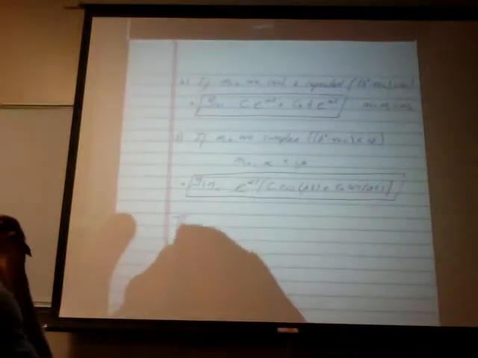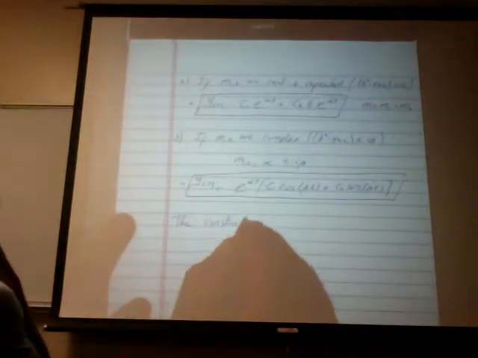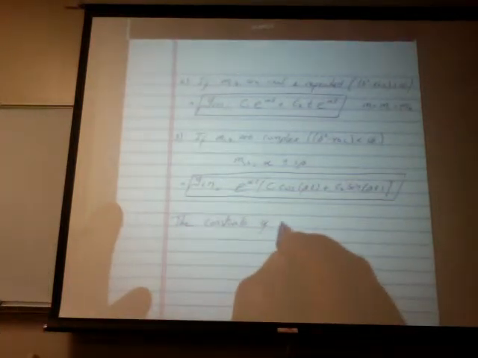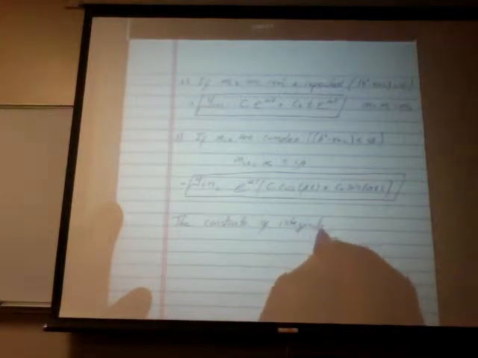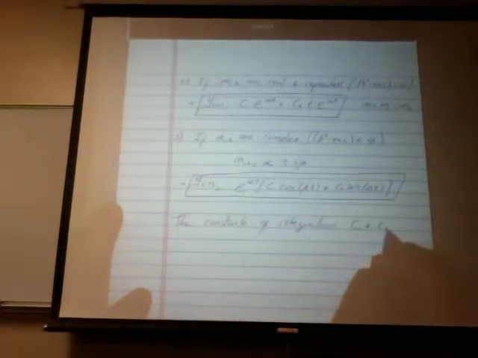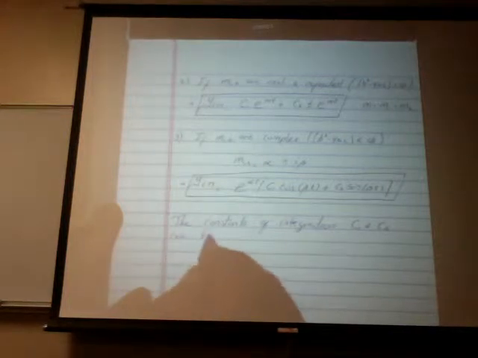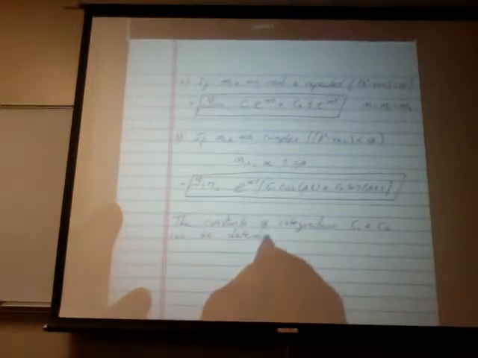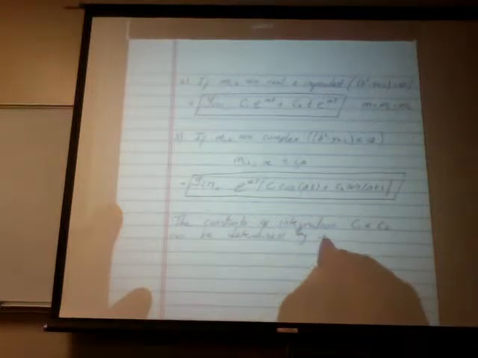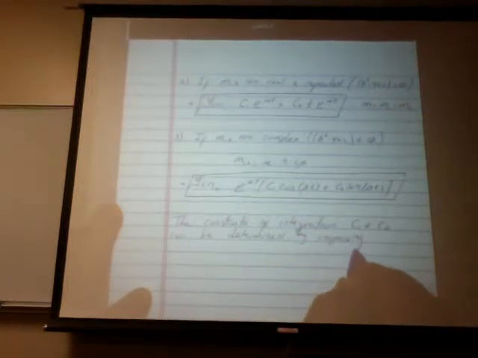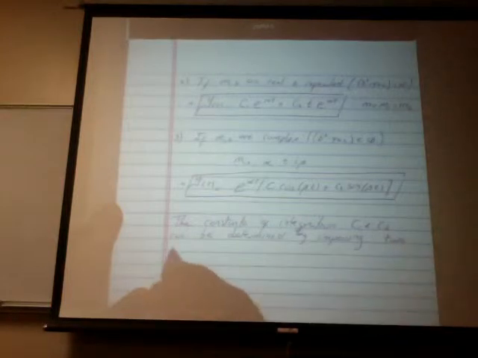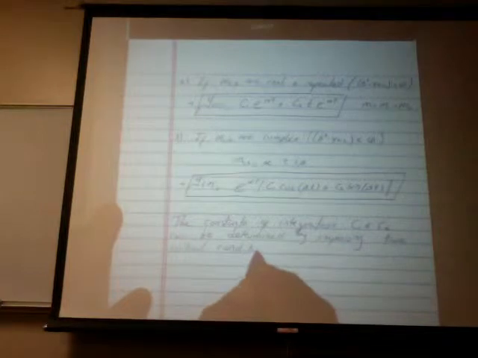Now the constants of integration, notice that there are two constants of integration now. C1 and C2 can be determined by imposing two initial conditions. So we need two initial conditions because we have two constants of integration, not just one.